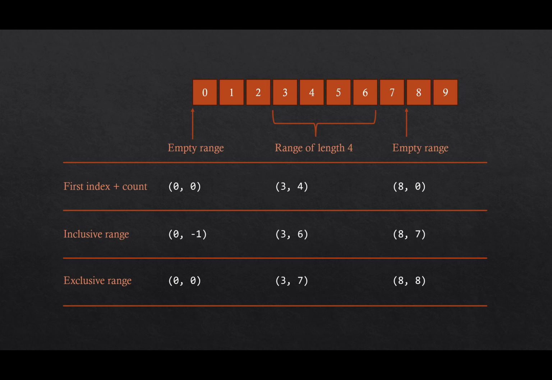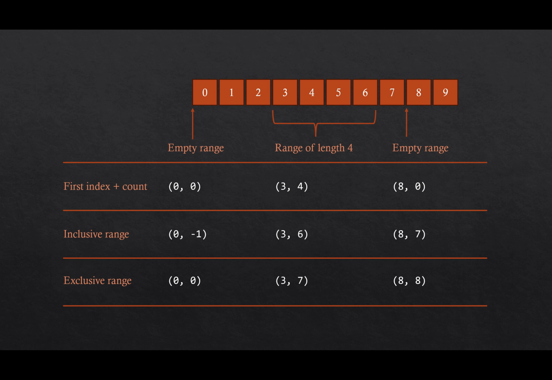If we want to use the first index plus count convention, then the empty range at the beginning is represented as: the start index is 0, and the count, of course, is 0. For the second range of length 4, starting at index 3, the start index is 3, and the length of the range is 4, so the number of items in that range is 4. It makes sense. Then we have another empty range starting at 8.